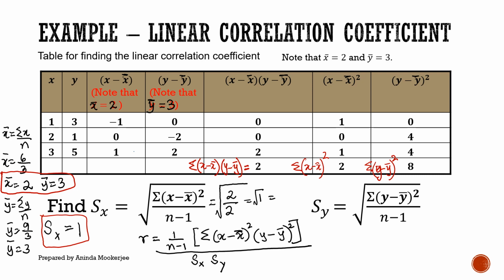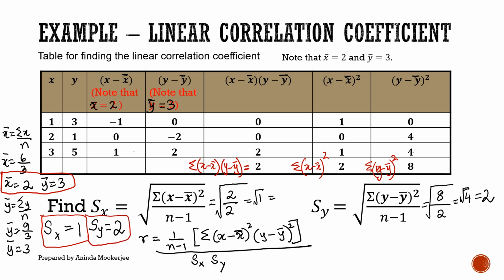So let's write that down here. It's sigma. So 8 is the numerator, and then n minus 1 is 3 minus 1, therefore 2. So we have square root over 4, which is a 2. All right, so our s sub y value, s sub y is equal to 2. And again, let me box that.